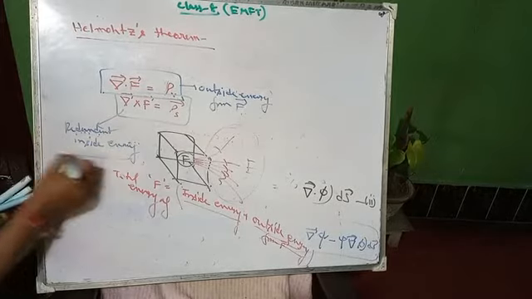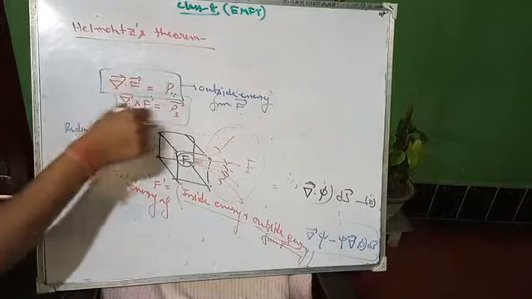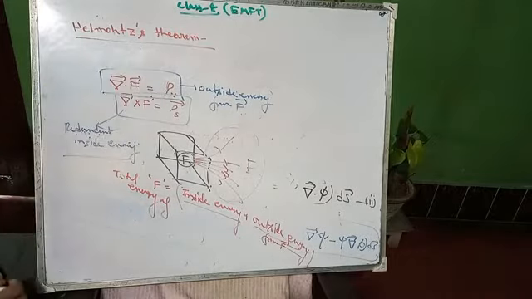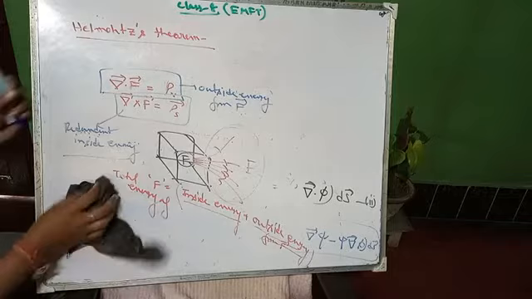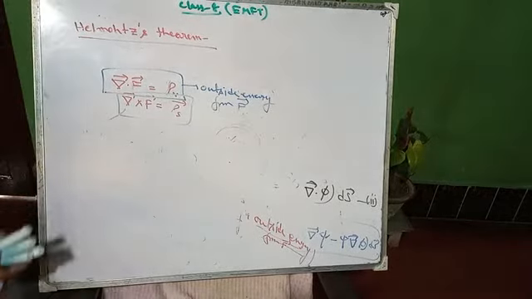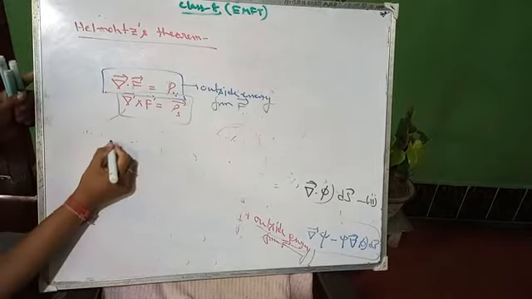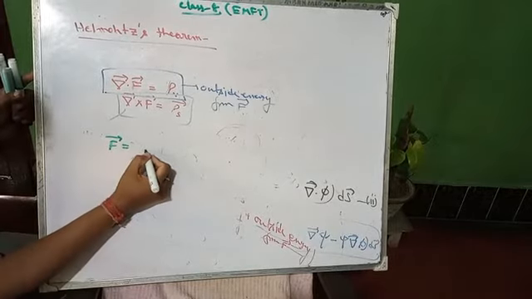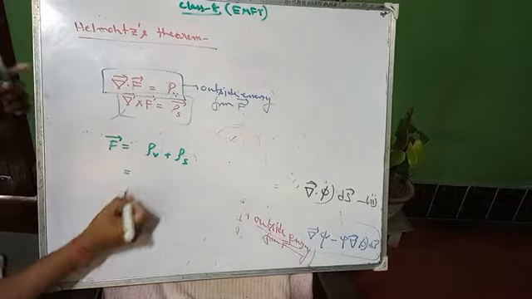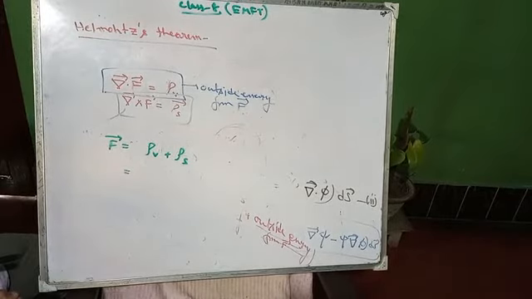That means any vector can be uniquely described by these two. So right here, according to the Helmholtz theorem, F vector can be written as rho v plus rho s.